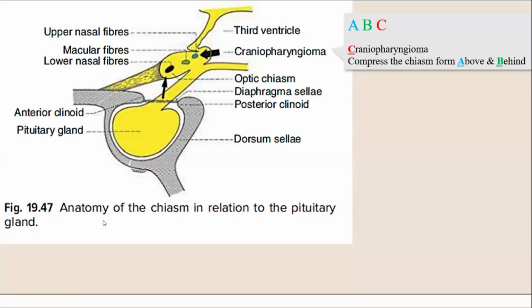The upper nasal fibers serve the lower temporal field, the inverse relationship that we all know. If you like mnemonics, you can remember this ABC: we have C, the craniopharyngioma, which compresses the chiasm from above and behind.